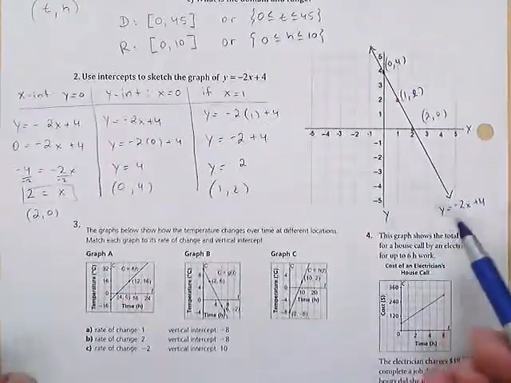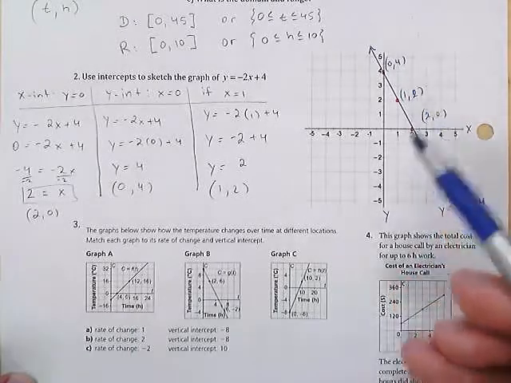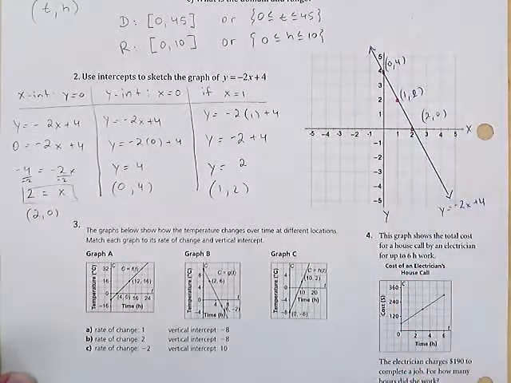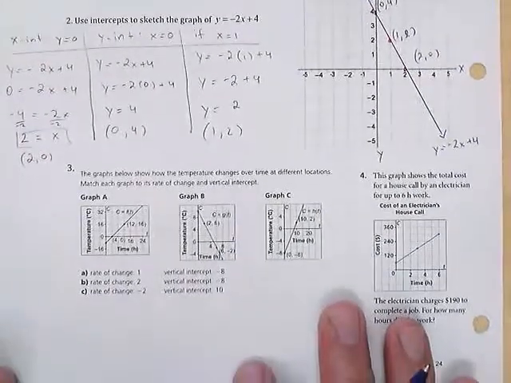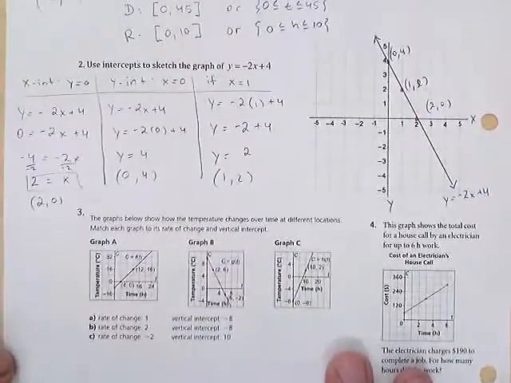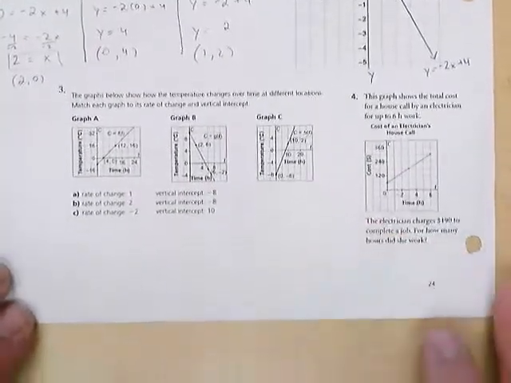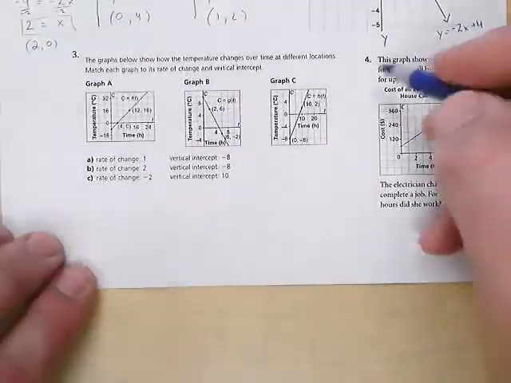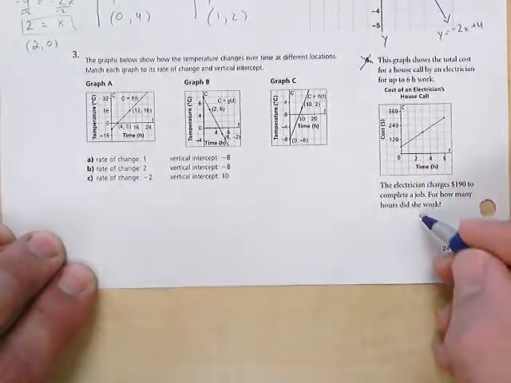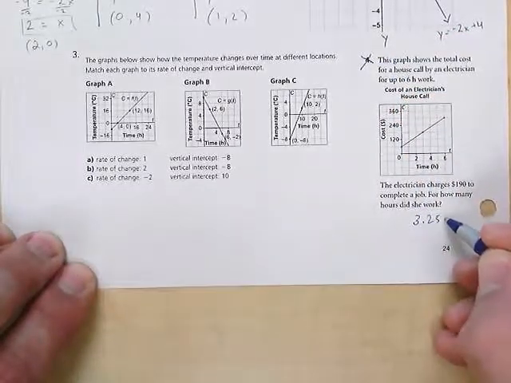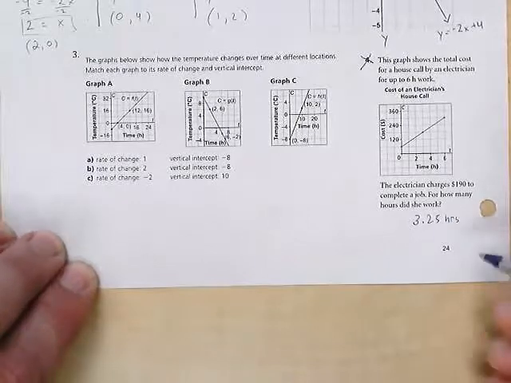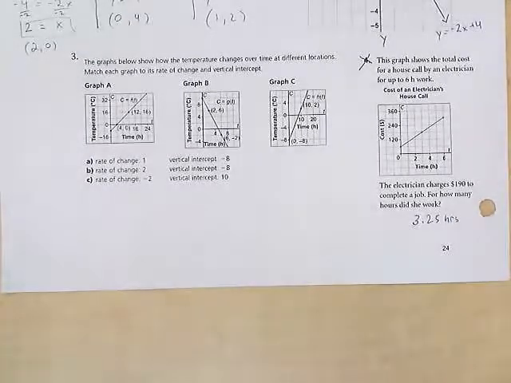So notice that I have my equation, I've labeled all points, I used arrowheads, there's no context, so it just keeps on going forever. Just pause it there and write it down. We're not going to do 4, but if you're curious, it's 3.25 hours. If you're interested, it can be done, but we're not going to do it now.